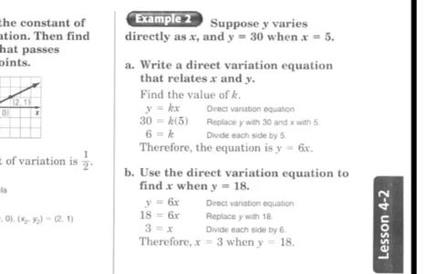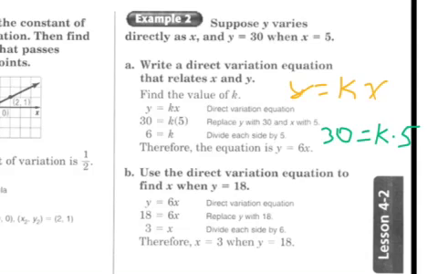The thing to do here is to think of the formula as y is equal to kx, just like they have. It tells us that y is 30 when x is 5.